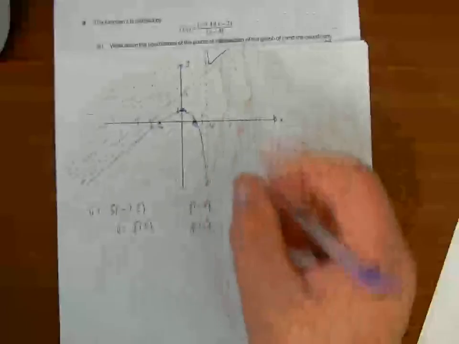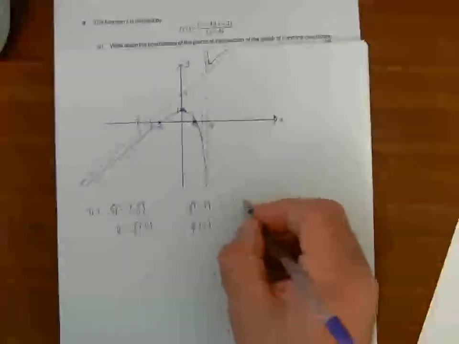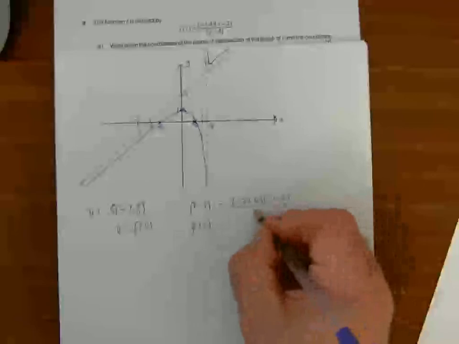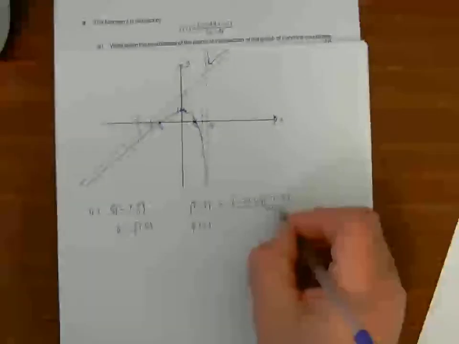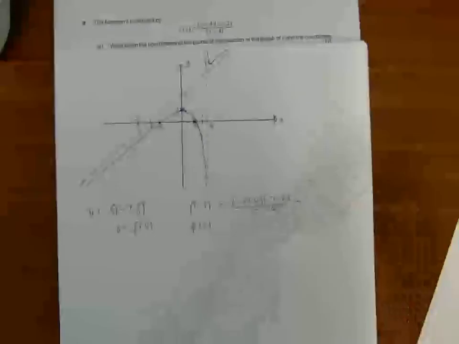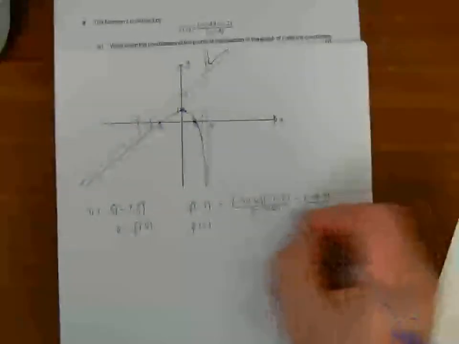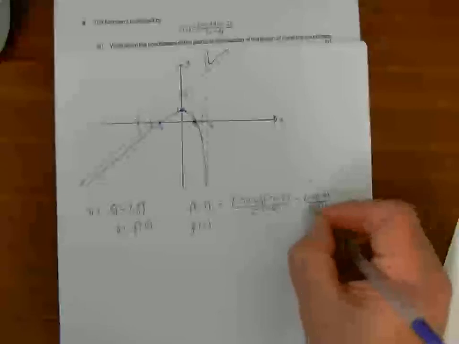So going back into the original equation, f of minus 7 is minus 7 plus 4 times minus 7 minus 2 over minus 7 minus 4. So that's minus 3 times minus 9 over minus 11.